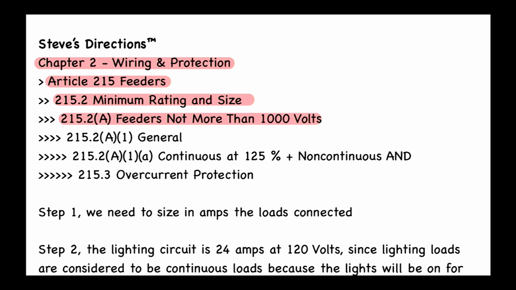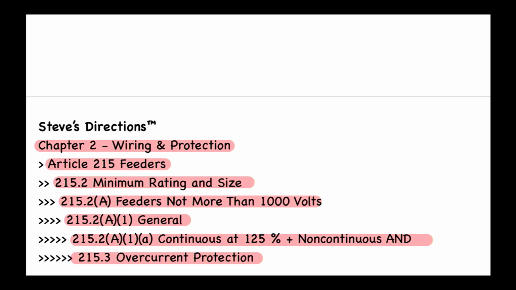Then 215.2(A)(1), general. Then 215.2(A)(1)(a), where they're talking about the continuous load at 125% and the non-continuous load. And we're also talking about 215.3 for overcurrent protection. All right, so let's go take a look at our code book.